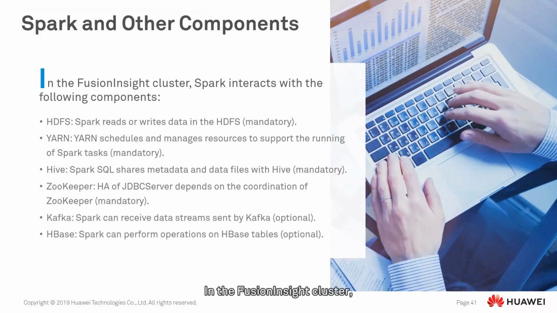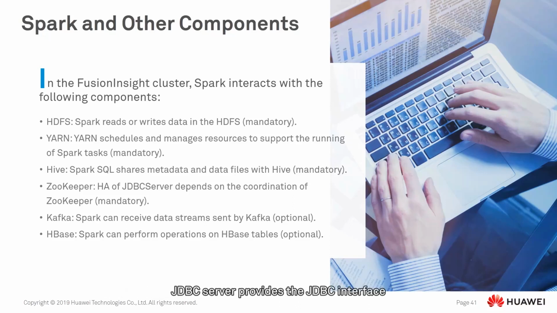In the Fusion Insight cluster, Spark interacts with the following components. For example, Spark reads or writes data in HDFS, Yarn schedules and manages resources to support the running of Spark tasks. Spark SQL shares metadata and data files with Hive, and HA of JDBC server depends on the coordination of Zookeeper.